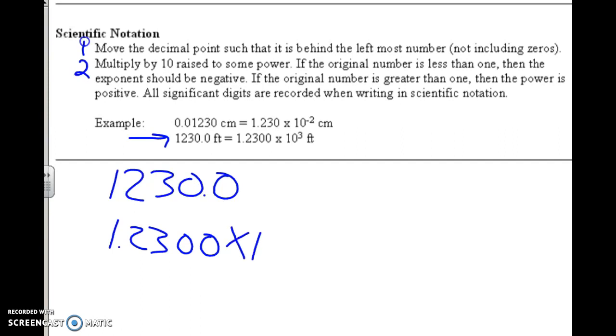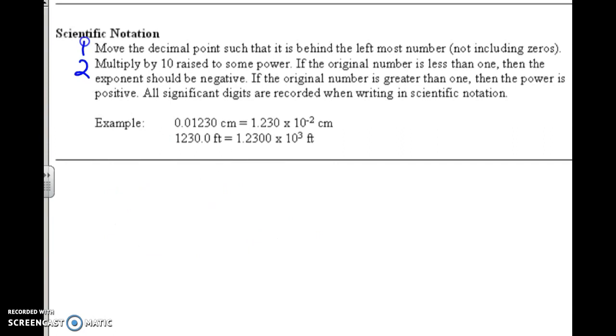Put it times 10. How many spots did I have to move that decimal point? 1 spot, 2 spots, 3 spots. And since this number is greater than 1, it is a positive exponent. Again, pause the video. Take a little time to ponder that and look at the examples.